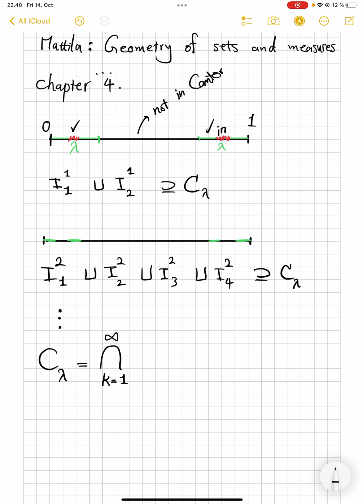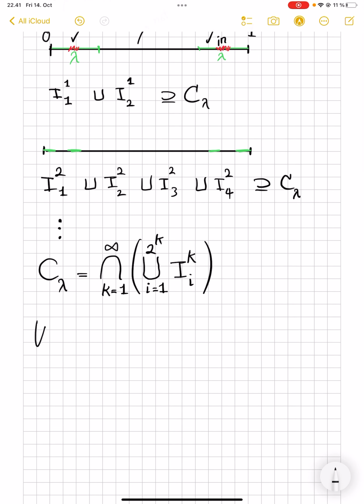And what is the subset at level k? It's a union of some intervals of this type. So i going from 1, and it's easy to see that there will be 2 to the power k many subintervals at level k. So at level 1 we have 2, at level 2 we have 4, and so on. So you first take this union, and then you take the intersection.